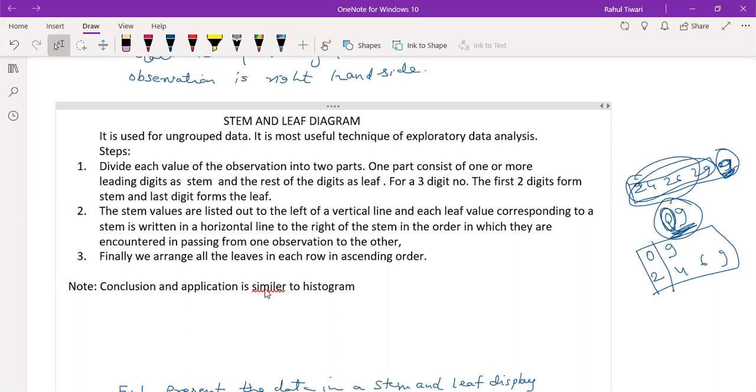Whatever the application of your histogram is, it is similar to your stem and leaf diagram.